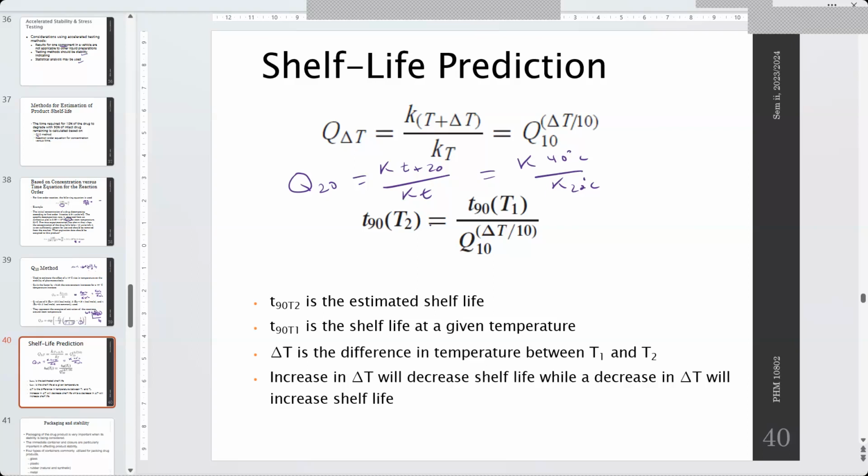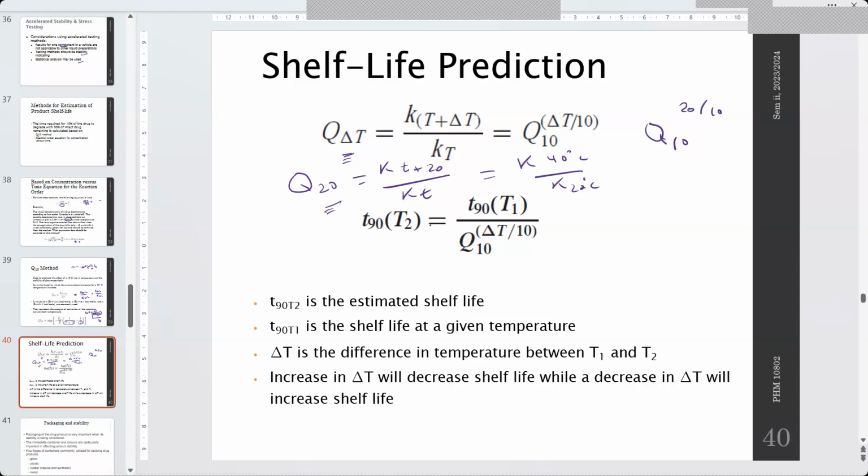Okay, this is also equal to, we can calculate it from, if you want to expect the ratio between the K values with certain increase in temperature that is above 10 or below 10 degrees. So this is equal to Q10 to the power, the difference in temperature. For example, if you are talking about Q20, if 20 degrees, then 20 divided by 10.